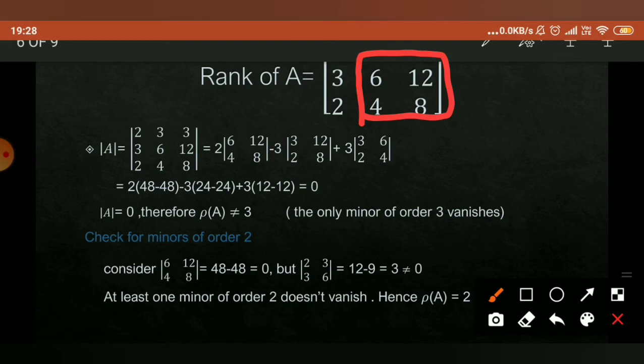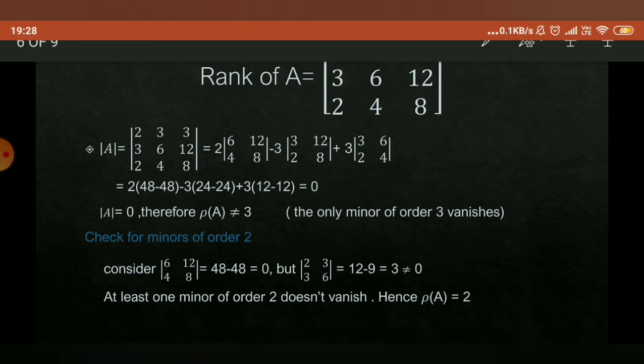This has been written here, and after evaluating it, it is again 0. But this is not the only minor that we have. We can check this one. This is also a minor. Minor means a submatrix, and a submatrix means the matrix obtained by deleting some rows and columns from a given matrix. In this way, you have seen it again comes out to be 0.